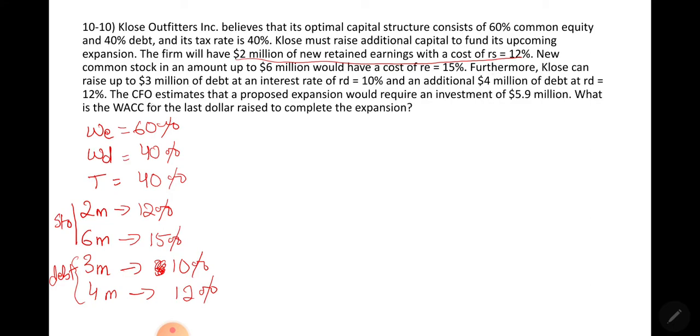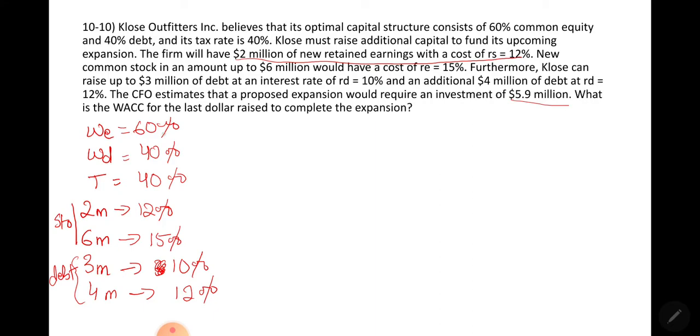Okay, we've read this. The CFO estimates that a proposed expansion would require an investment of 5.9 million. This is the total investment cost. What is the WACC for the last dollar raised to complete the expansion? So first we will see how this 5.9 million will be raised.